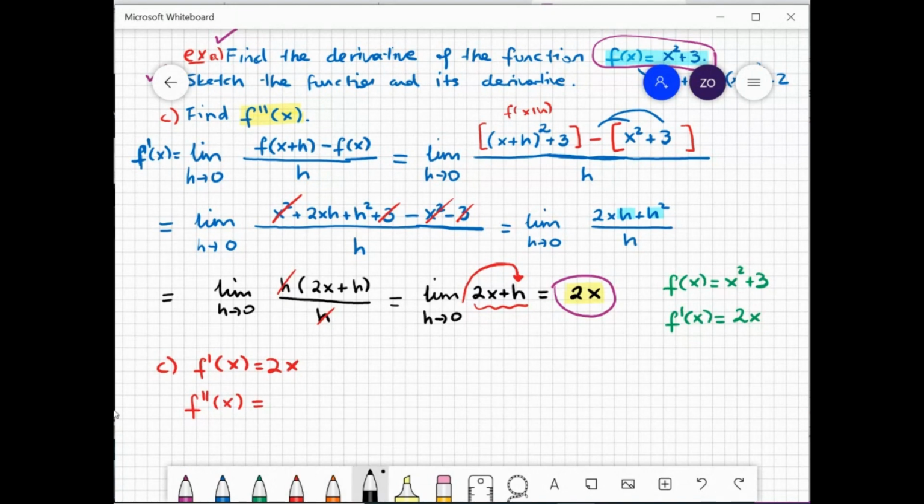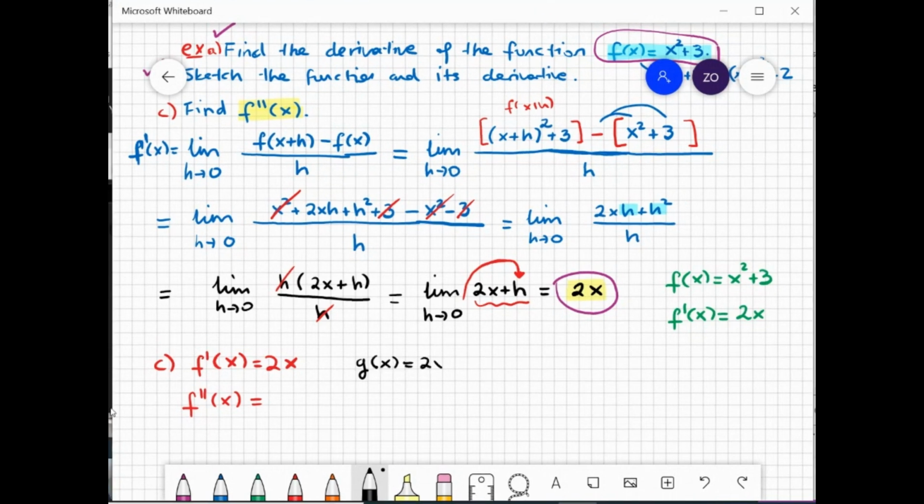Let's call this g of x so that we have a better notation when we write the formula. Instead of f prime of x, just call it g of x, and you will find its derivative. Whenever you put a prime, that means you are taking the derivative.